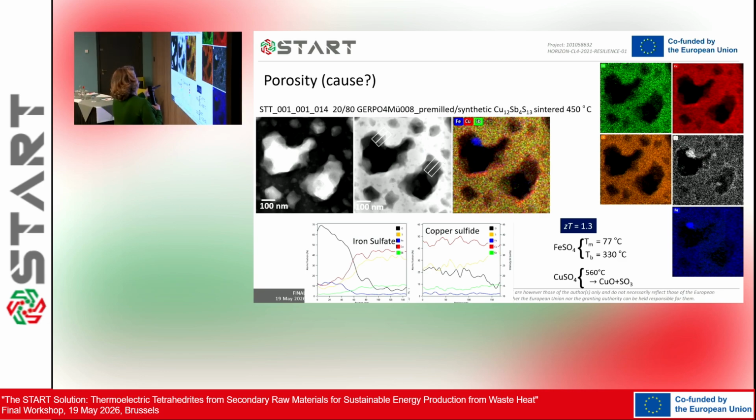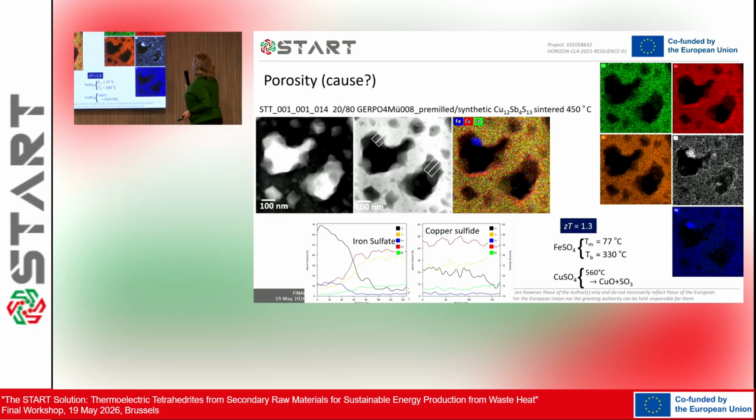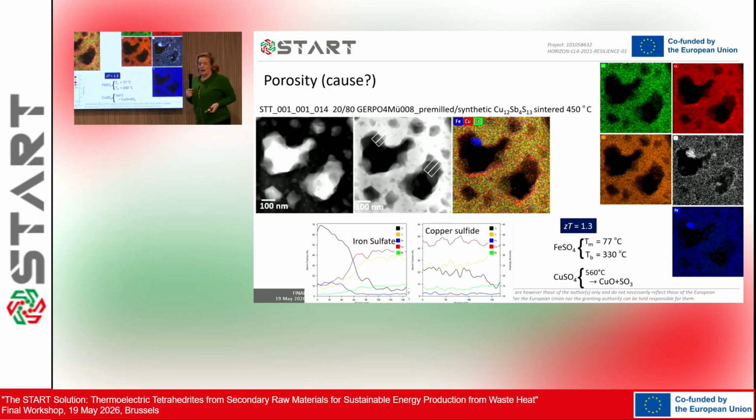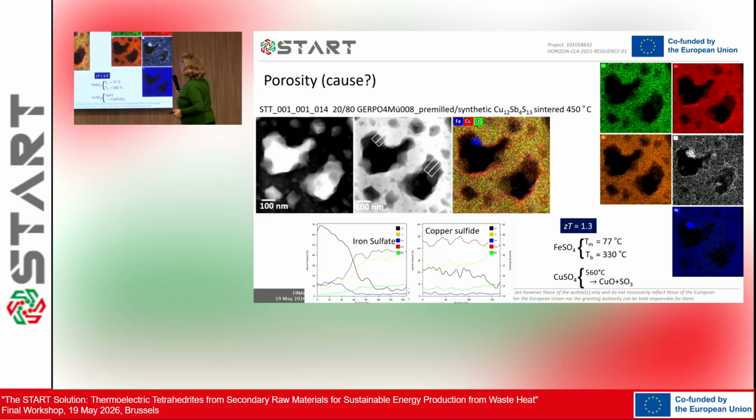And again the ZT is good, but you look at it and it's a mess, because it's full of pores and there's something inside the pores. In this case, if I recall, we have oxygen and iron and sulfur. So again, iron sulfate, which seems to be a good thing, but we have no idea why.